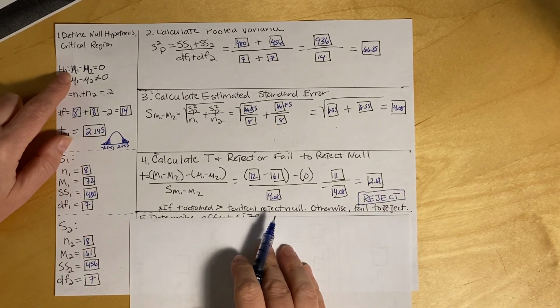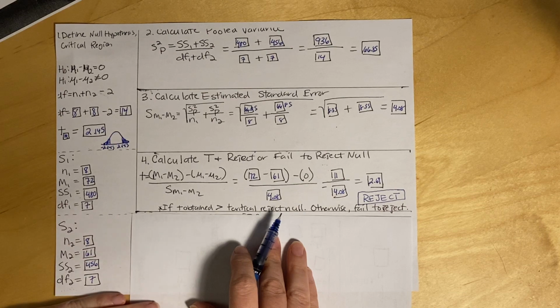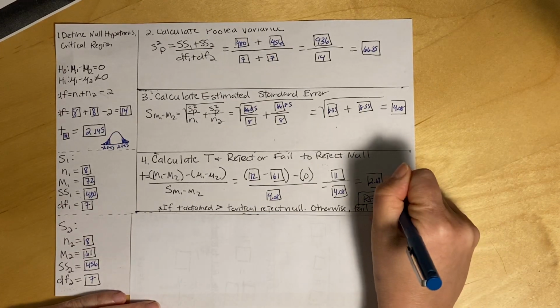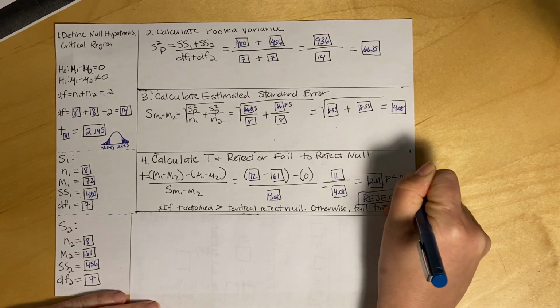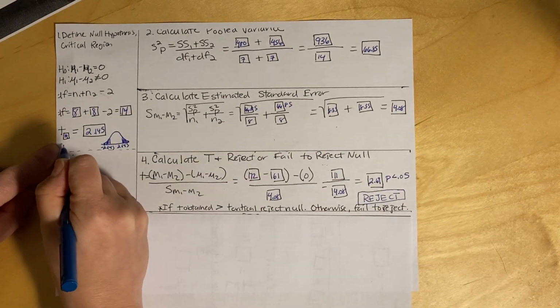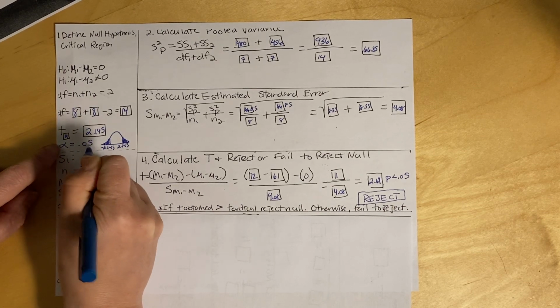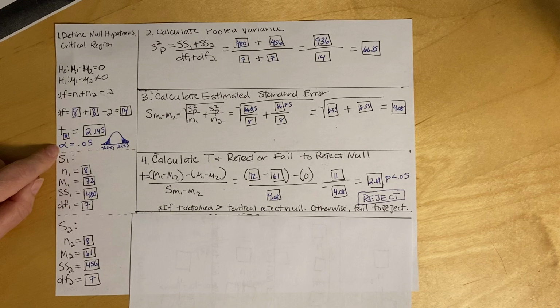We're rejecting that, therefore we're assuming that these two groups are in fact significantly different from each other at the p less than 0.05 level, because that was the alpha that we determined. So I can write that in here, alpha equals 0.05. We're always going to use an alpha of 0.05 in these examples, but it's a good thing to make sure to include.